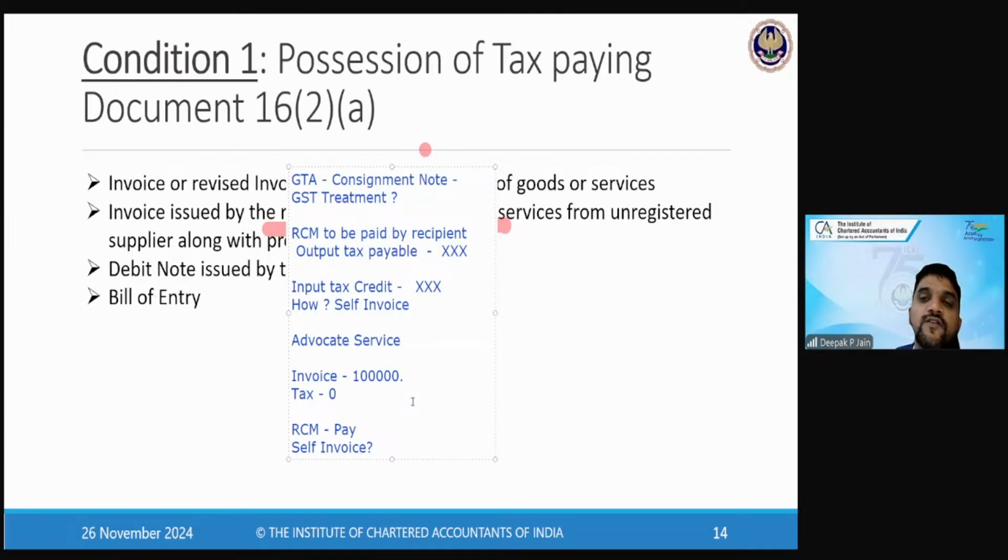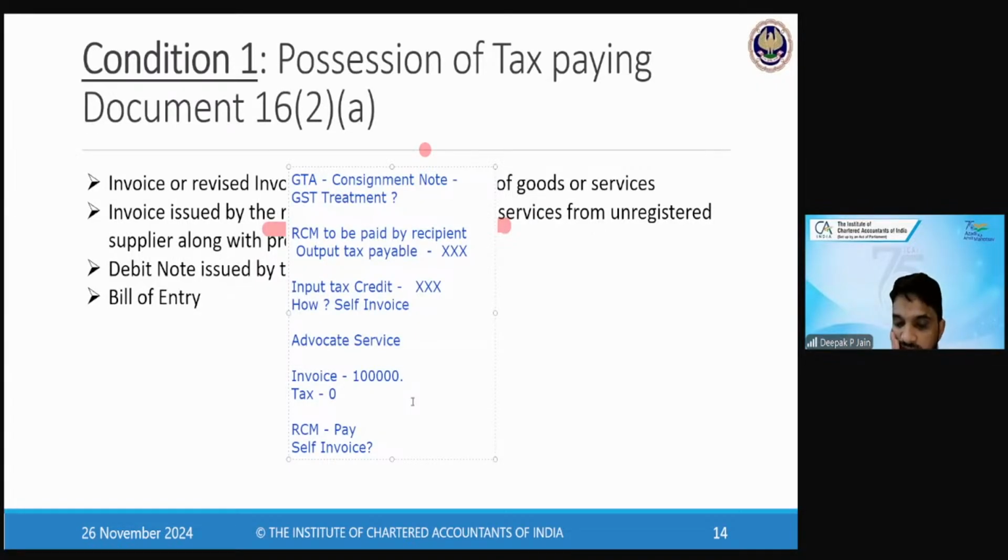But if you are a business and you are not registered, reverse charge is still attracted to you because you are a business. That doesn't mean your limit is low, so you should not pay. For registration, you don't have that limit. For paying reverse charge, till now you were not registered, nobody asked you tax. But now, if you have taken advocate services, you have to register and pay reverse charge.